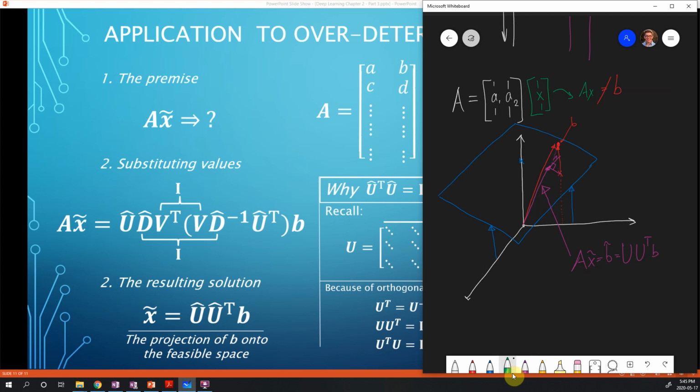And the difference between these two, this line right here, is the error.